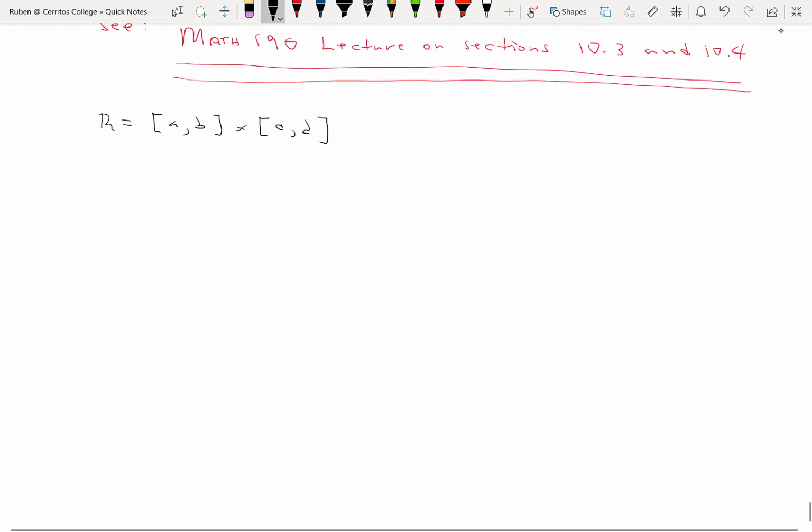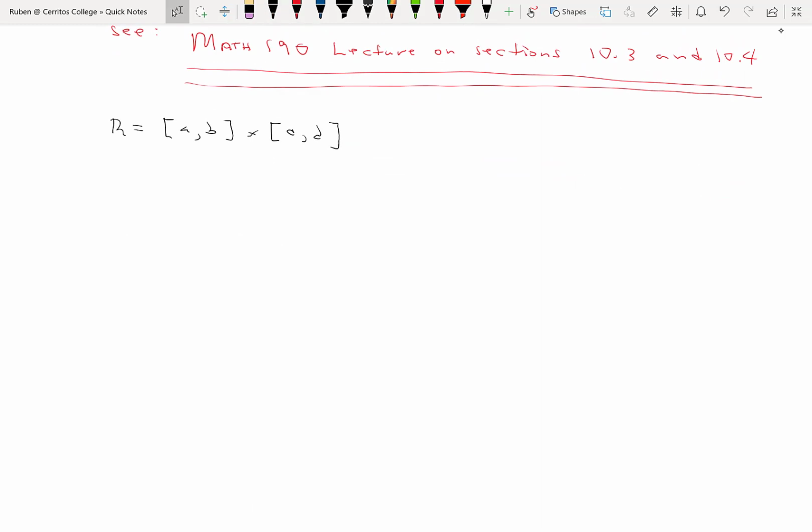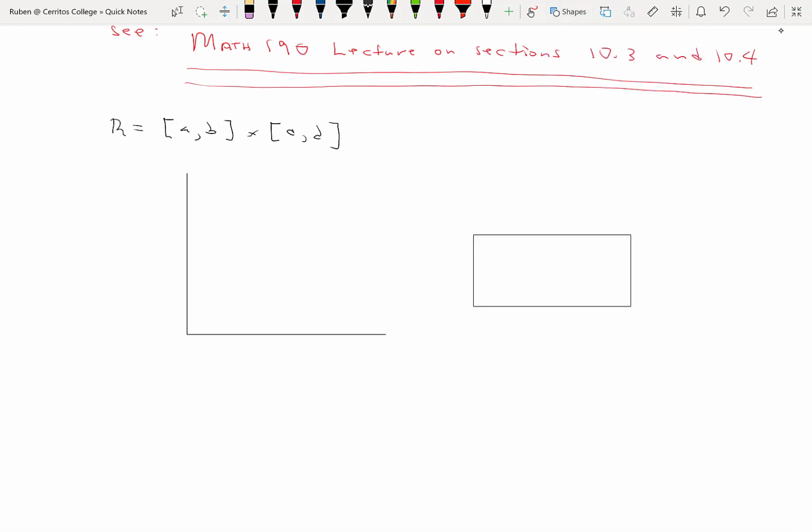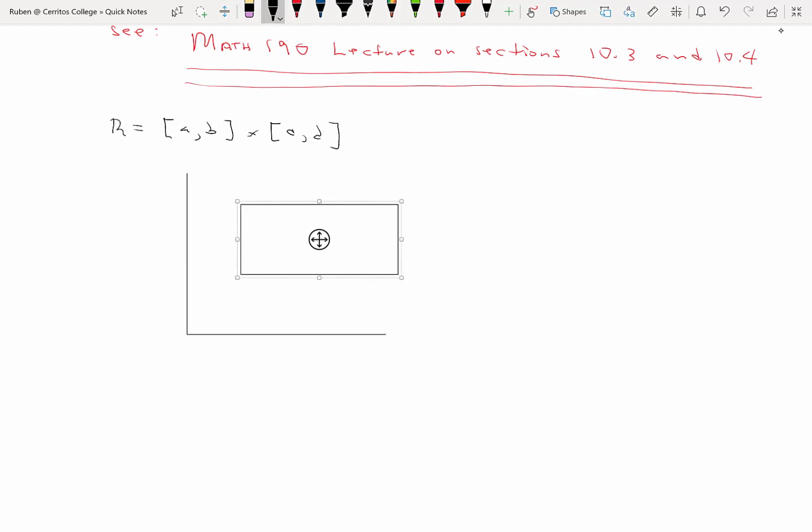So all we had to really do was consider looking at the rectangle as our first example, AB cross CD. So let me see if I can get us a nice rectangle. Okay. So here's our rectangle, AB on the x-axis, CD on the y-axis.